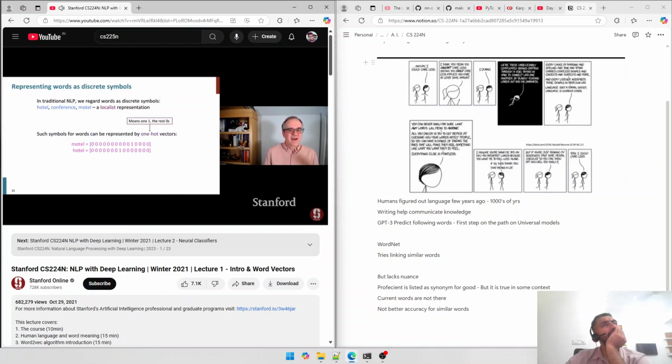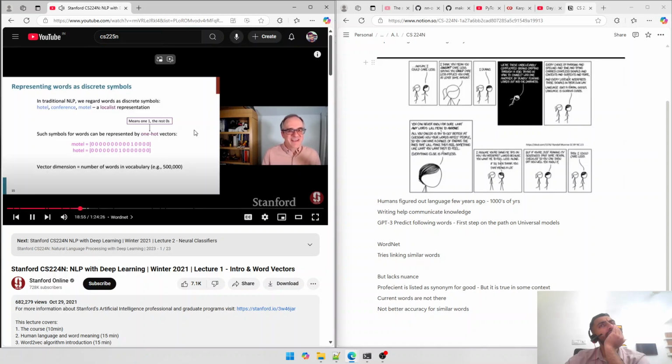So the standard way of representing them, and this is what you do in something like a statistical model, if you're building a logistic regression model with words as features, is that you represent them as one hot vectors. So you have a dimension for each different word. So maybe like in my example, here are my representations as vectors for motel and hotel. And so that means that we have to have huge vectors corresponding to the number of words in our vocabulary. So if you had a high school English dictionary, it probably had about 250,000 words in it. But there are many, many more words in the language really.